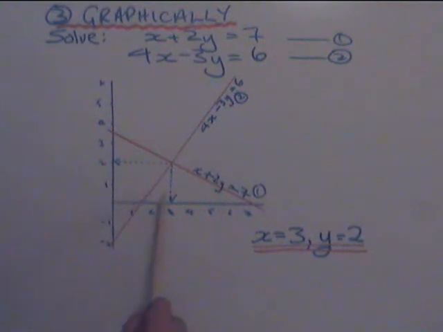This is the line of 4x minus 3y equals 6, and here's the line of x plus 2y equals 7, and where the two lines intersect at x equals 3 and y equals 2 is my solution set, and that's probably about the simplest way of solving this type of simultaneous equation. Although in this case I would say the lines are a little bit tricky to plot. Anyway, there you go, 3 ways of solving simultaneous equations.